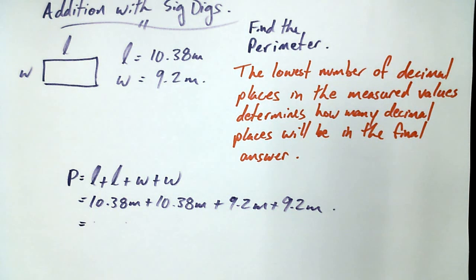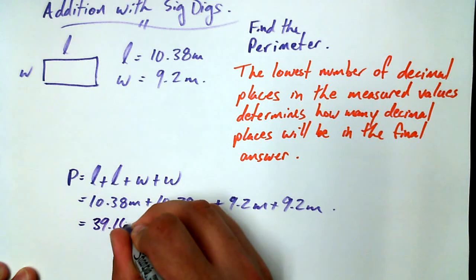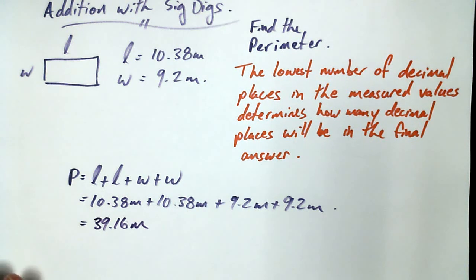And if you have a calculator, maybe you can calculate this really quickly. 39.16 meters. That's the unrounded value. We always do an unrounded value before we do our rounding.